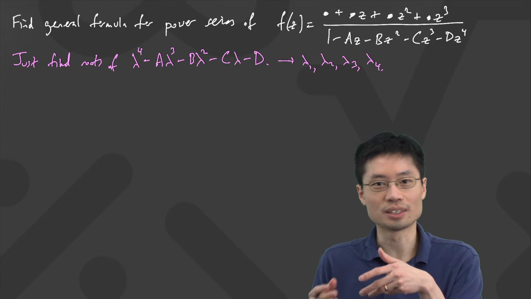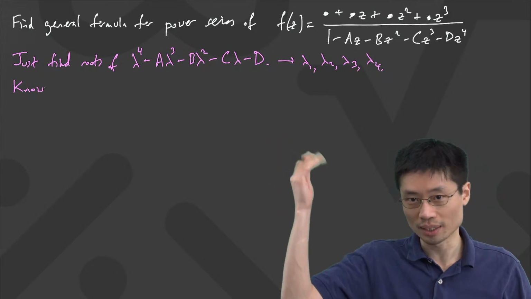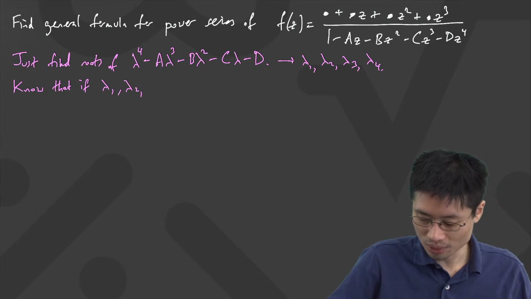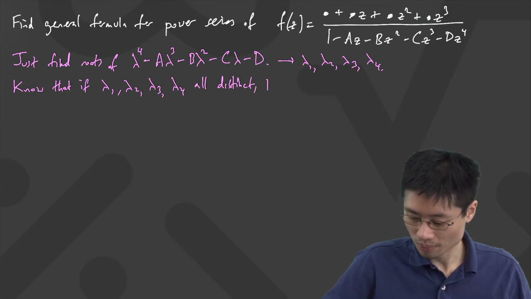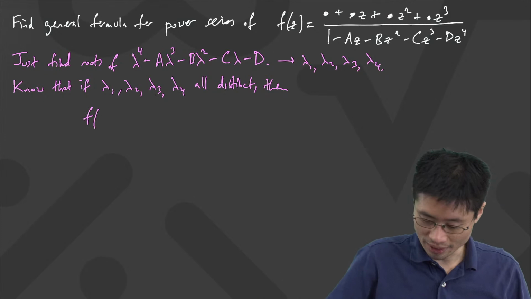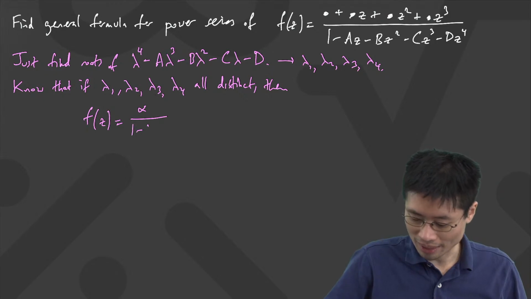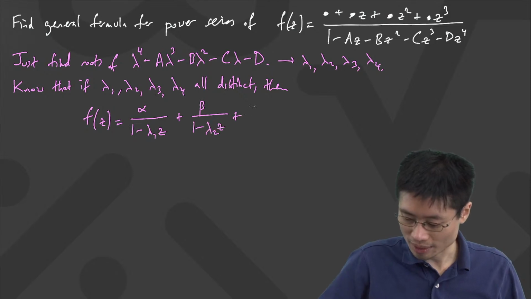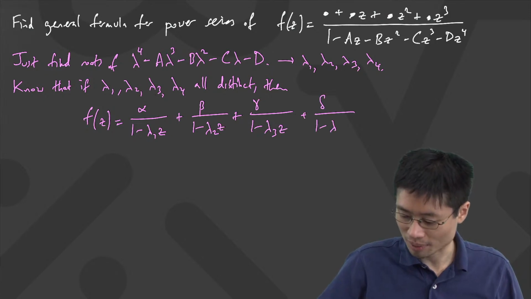We already know that if they're all distinct, you're really happy. So we know from before, from the linear algebra thing, but also from this whole study, that if lambda 1, lambda 2, lambda 3, lambda 4 are all distinct, then you're able to write your f of z with nice partial fractions. f of z is equal to some alpha over 1 minus lambda 1 z plus some beta over 1 minus lambda 2 z plus some gamma over 1 minus lambda 3 z plus some delta over 1 minus lambda 4 z.